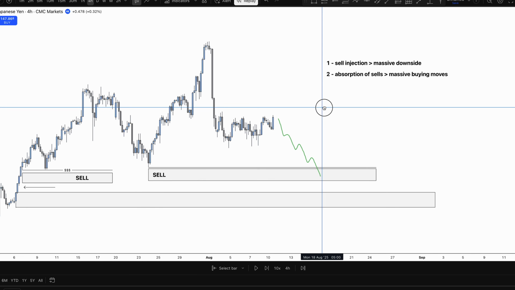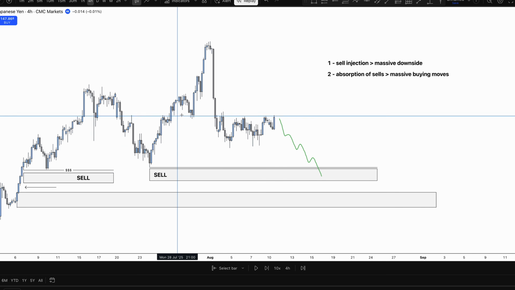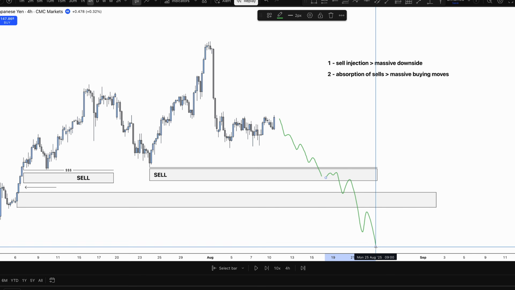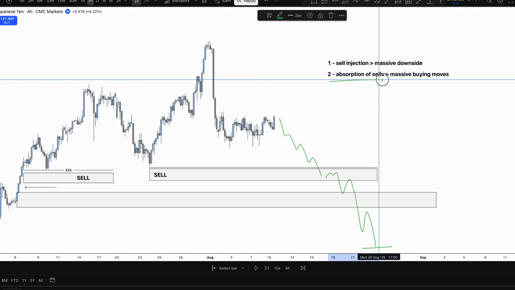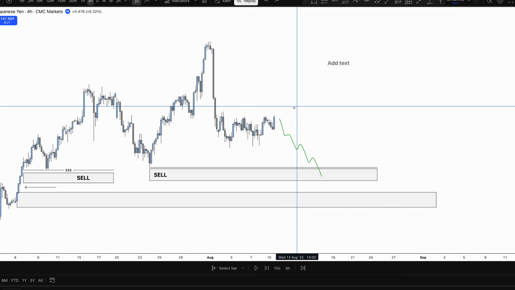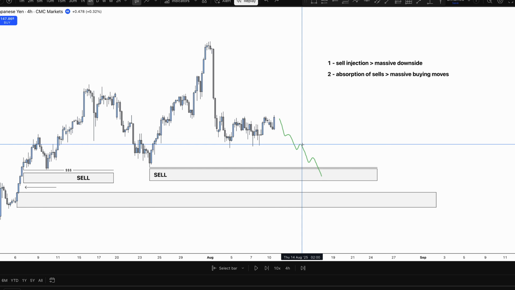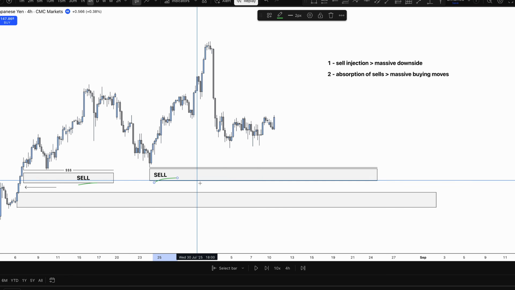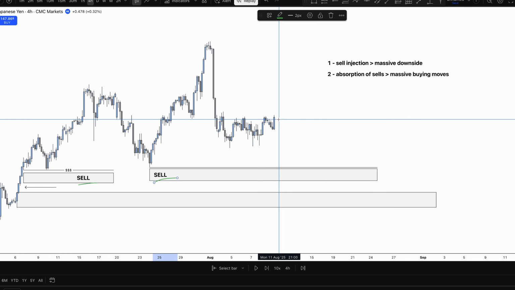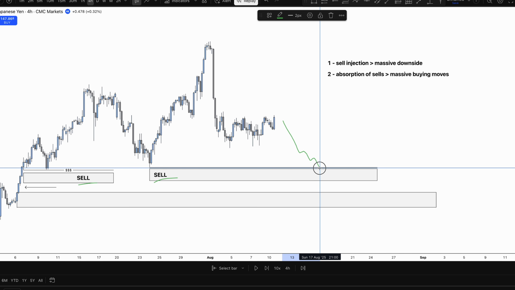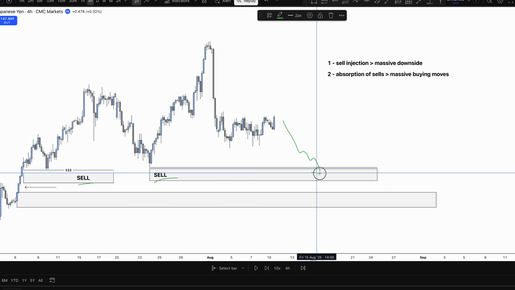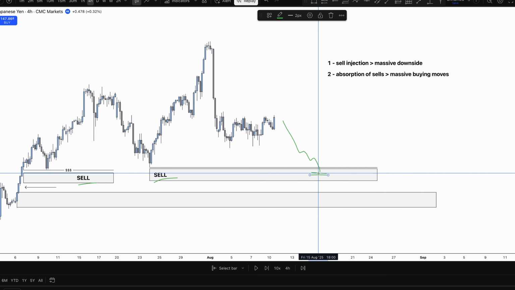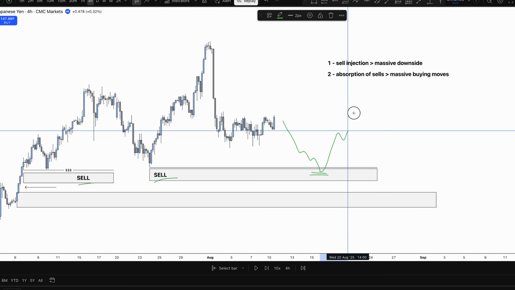So if we get significant selling pressure pushed into a market and it is not absorbed, what that does is basically create massive amounts of supply, which will sink a market dramatically. But if we see those orders being absorbed, what that simply means is when we get down to that point, buyers step in and kind of take control of this market, because at these levels there is so much selling taking place that if you want to add a 10, 50, $100 million position into this market on the US dollar, well, now you've got a lot of liquidity at one point, a lot of sellers who are forcing their way out of the markets, and you can take the other side of their trades, which is where the absorption comes in.